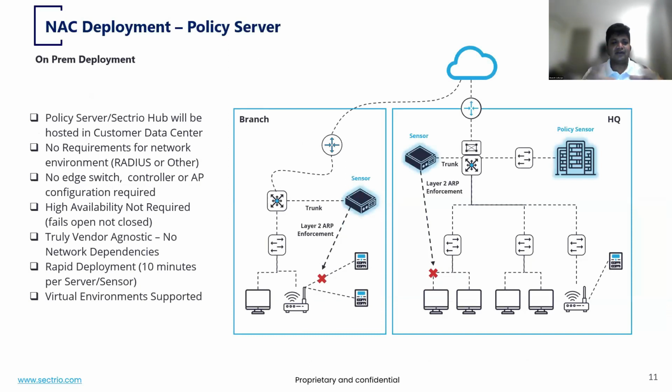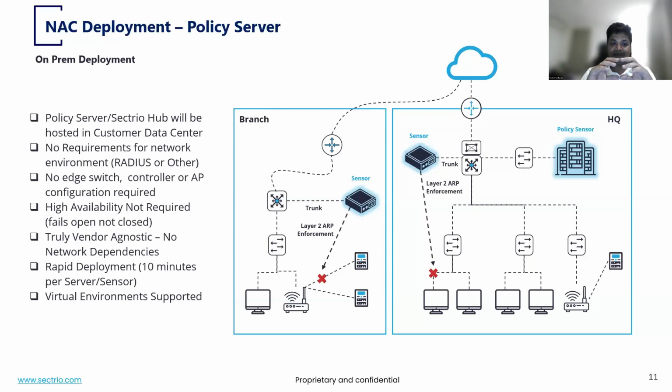So just to give you a scenario of an on-prem deployment of our NAC and the policy server, right, where the Sectrio Hub itself will be hosted on the customer data center. You require basically no changes to the network environment itself, and the configurations that are required are very easy. It's like a one-click configuration.